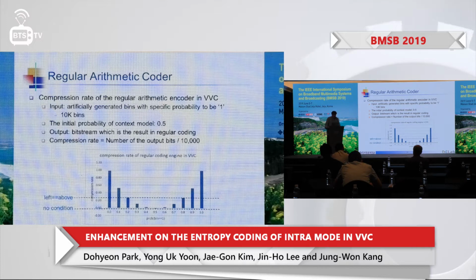The compression rate is the number of the output bits divided by the number of the input bins. As the probability increases or decreases, the compression rate increases logarithmically.